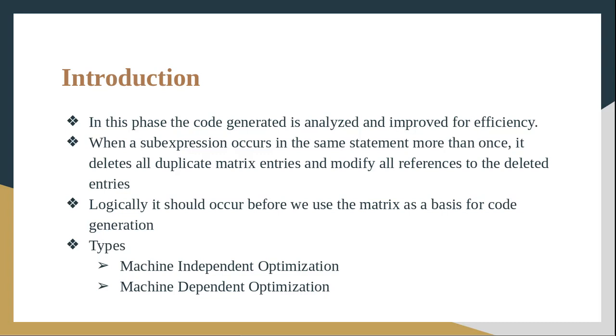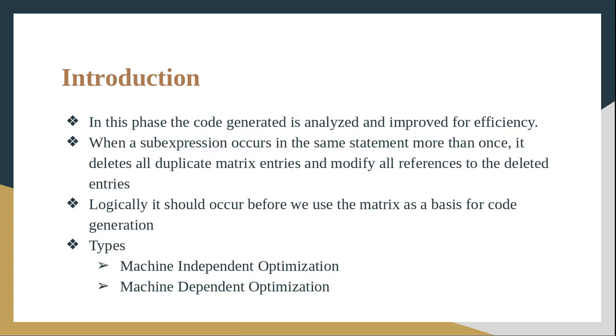If there is any possible way to optimize the code, then that optimized code is what actually executes in our system. So we always require better code for our execution. It will save space as well as time. So in this code optimization phase, the generated code is analyzed and improved for efficiency.